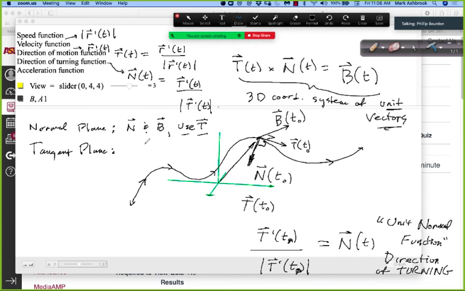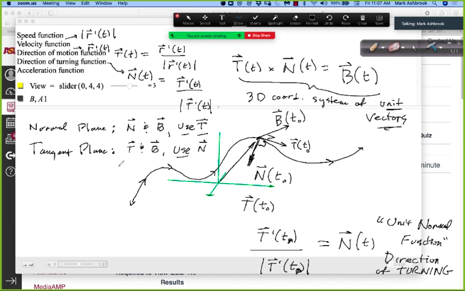T and B. So notice it's the tangent plane to the curve, T and B. So it's this plane here. Which of those vectors do you use to write its equation? N. So notice it's the tangent plane, but to write its equation, you use N because N is orthogonal to the tangent plane. Does it make sense?